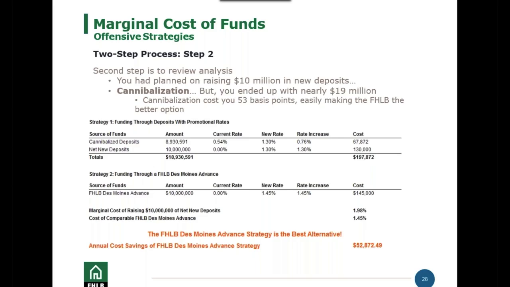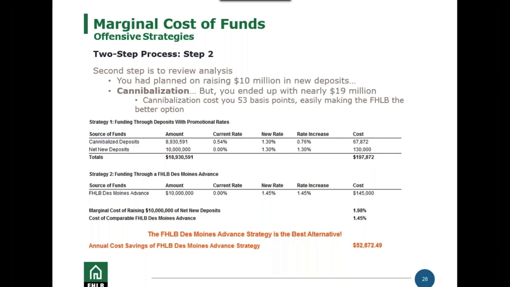My marginal cost of raising $10 million of net new deposits, taking into consideration the cannibalization, is 198. The cost of a comparable Home Loan Bank advance is 145, 53 basis points higher. Almost $52,872.49 was the difference.